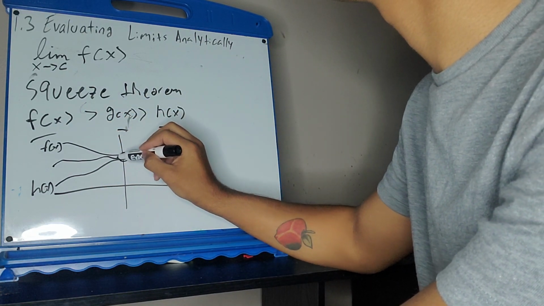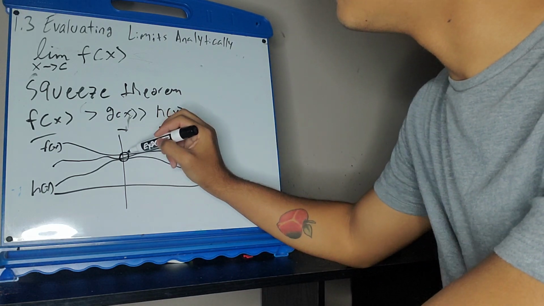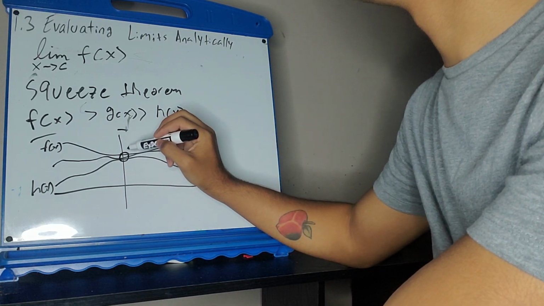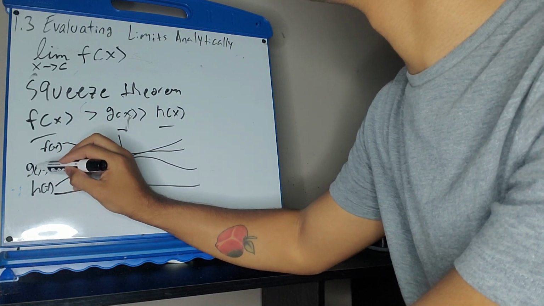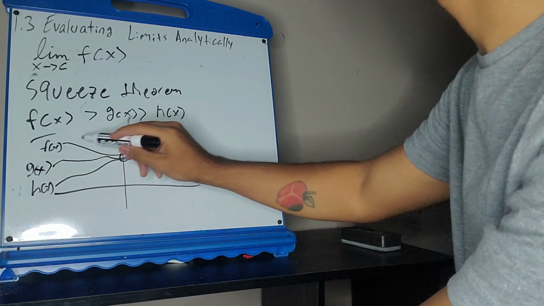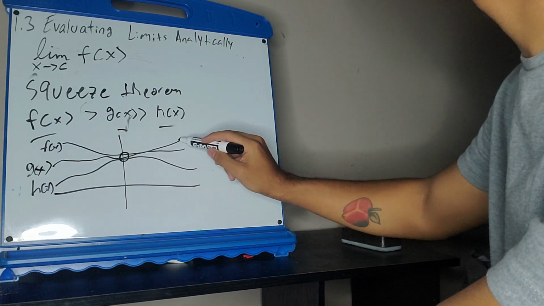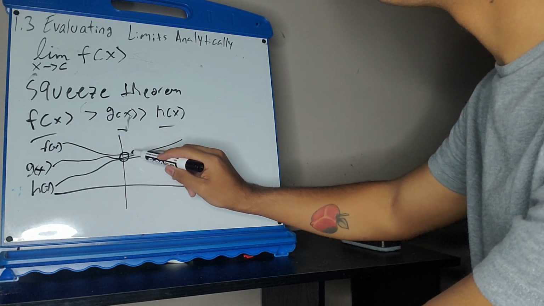The point in the center being the final limit, whether it's undefined or not, is considered the squeeze theorem, because as things get closer and closer together, there will be a point where all three of them touch.